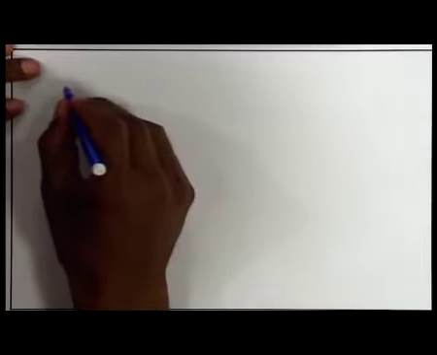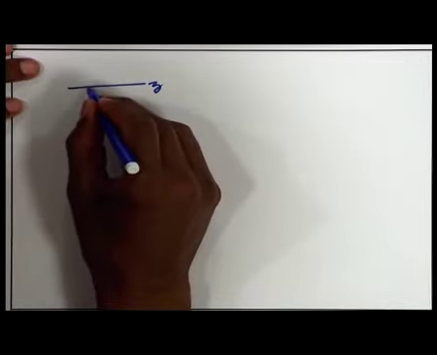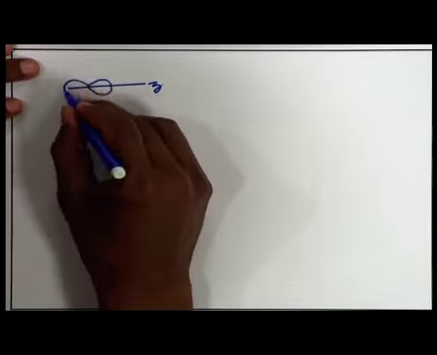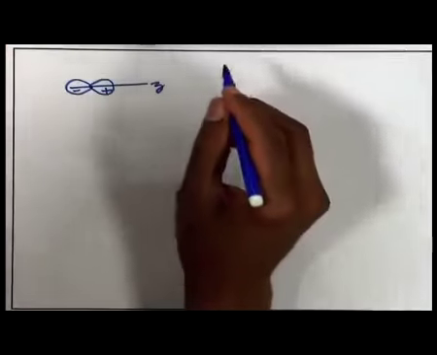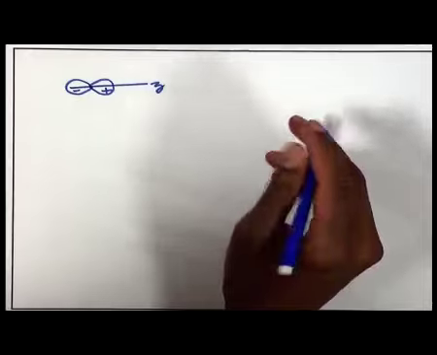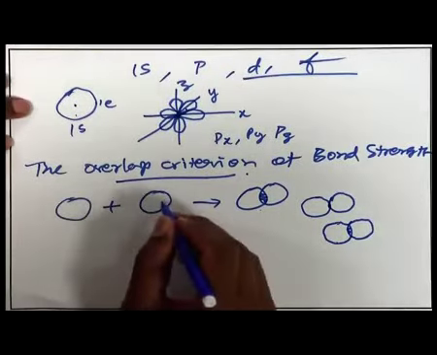Let us see, this is the z axis and you have a pz orbital, this is positive, this is negative. Whenever you draw an orbital, the sign of the wave function should be given.